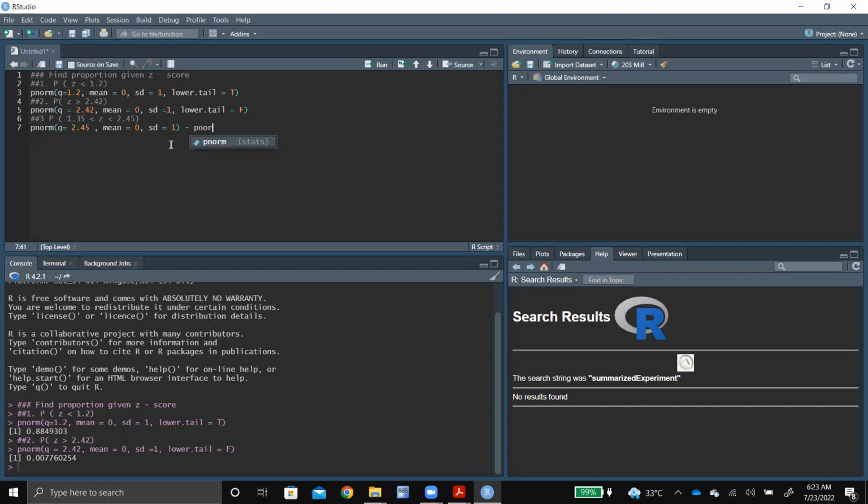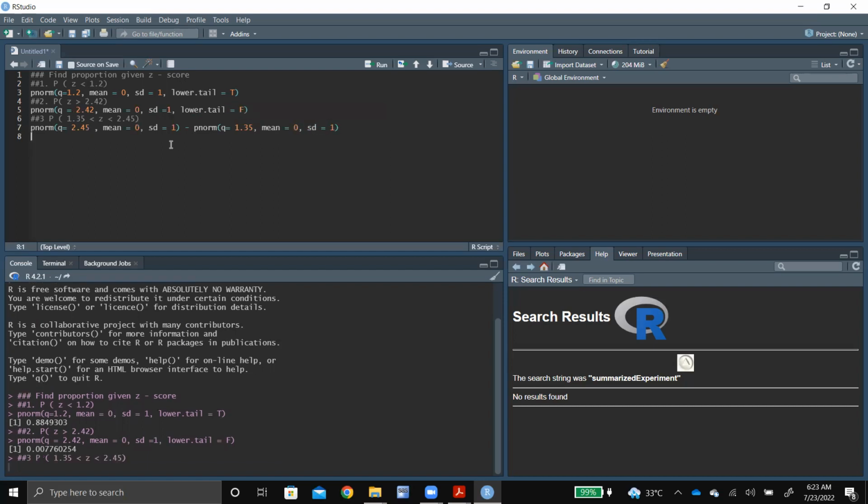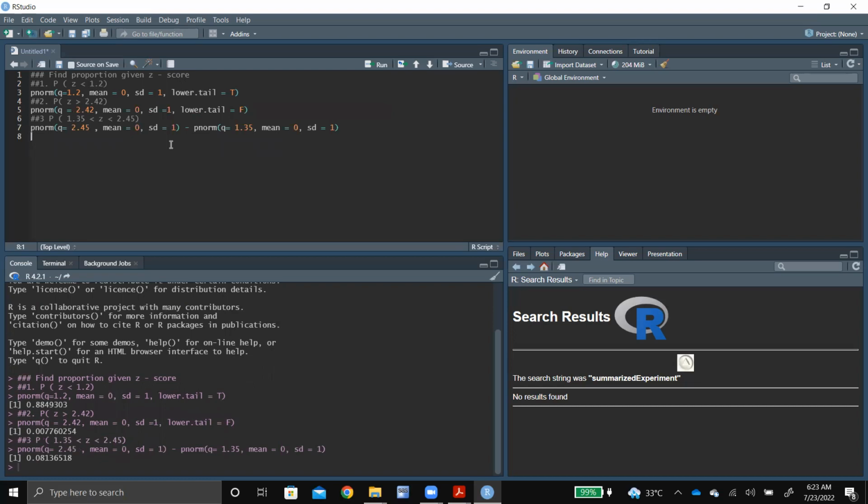So we have pnorm(q = 1.35, mean = 0, sd = 1). And if I hit enter, I get the in-between probability. That is, the probability that z lies between 1.35 and 2.45.